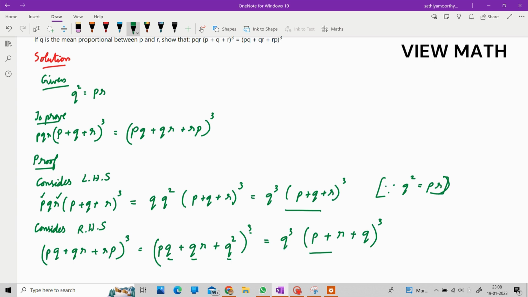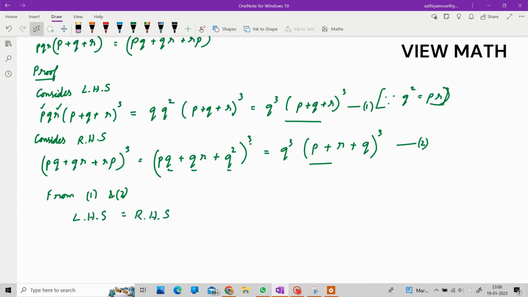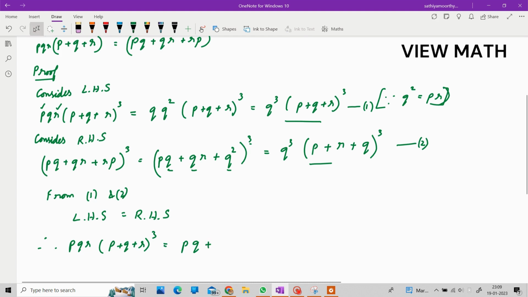So from 1 and 2 we can say left hand side is equal to right hand side. Therefore PQR into (P plus Q plus R) the whole cube is equal to (PQ plus QR plus RP) the whole cube. Hence proved.